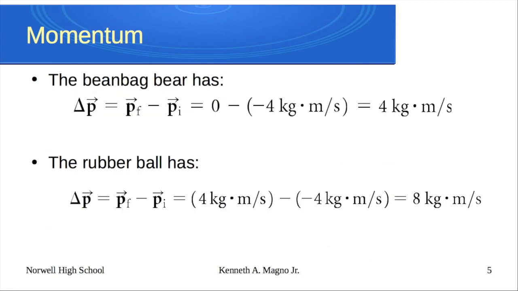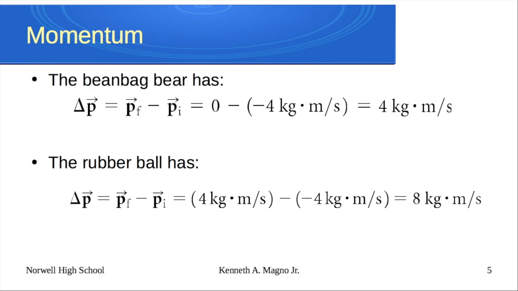Well, the beanbag bear has a p final of 0, because his mass times 0 equals 0, minus an initial momentum of -4, because he had a mass and he was falling at -4. So 0 minus -4 is a change of 4 kilogram meters per second. The rubber ball bounces back up at 4, so its p final is 1 kilogram times 4 meters per second, or 4 kilogram meters per second.